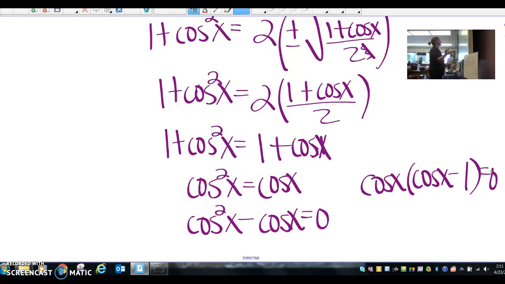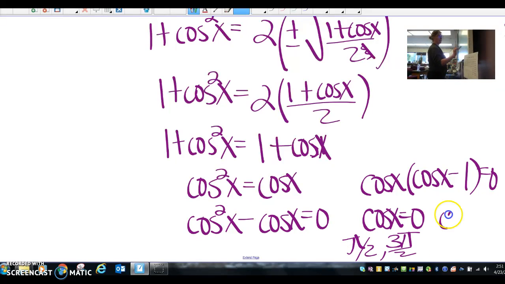And you can set each of these equal to 0. Cosine of x is equal to 0 at pi over 2 and 3 pi over 2. And cosine of x, if I add the 1 to both sides, equals 1 when x equals 0 and 2 pi. All right, done.